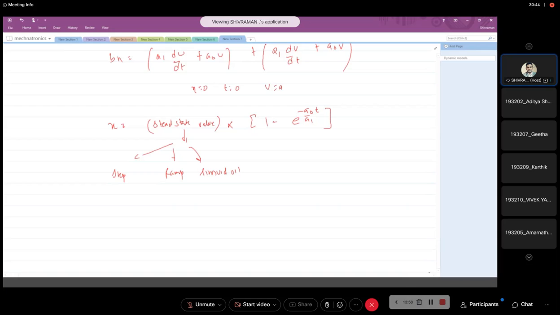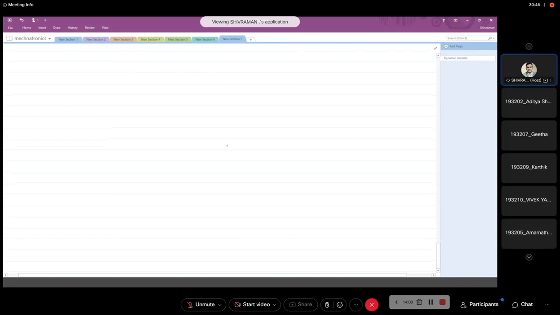Next is your second order system, which is represented by a second order differential equation. An example of a second order system is a spring, mass element, and a damping system. It's a prime example of a second order system.